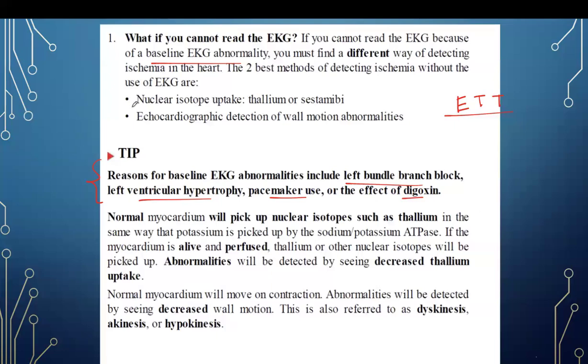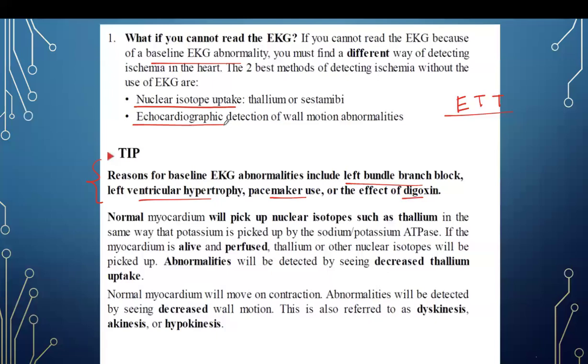For that patient, we do the nuclear isotope scan, or we can do a resting echocardiogram. What is this nuclear scan? It is commonly known as the thallium scan also. You give a dye, and the dye has a nuclear isotope, which is thallium.